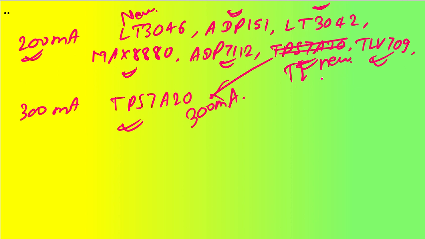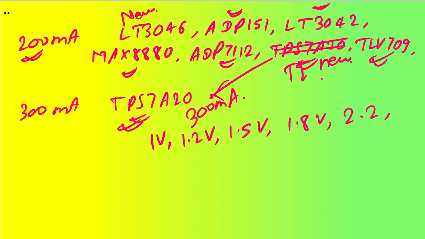Why I'm giving you these part numbers is that these or any other part numbers are available in many output voltage ranges. Let's say you need 1 volt or 1.2 volt or 1.5 volt or 1.8 volt or 2.2 volt or 2.5 volt or 3.3 volt or even 5 volts.